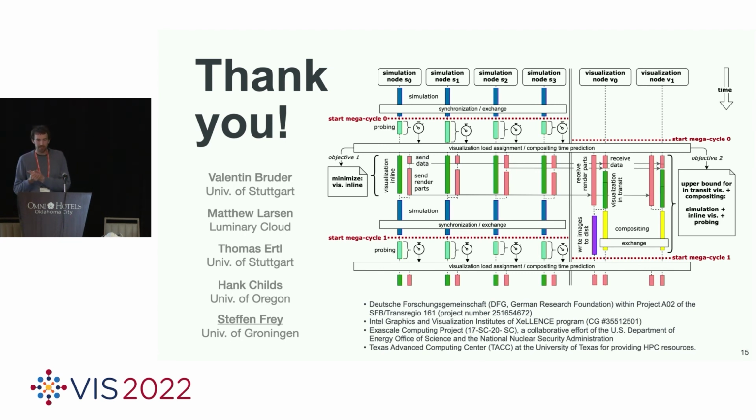So this would of course make our approach a little bit more complicated. On the one hand, in particular, with regard to our prediction approach, because what we currently do is we just sample view directions from a sphere, and so we can get away with a relatively simple probing approach.